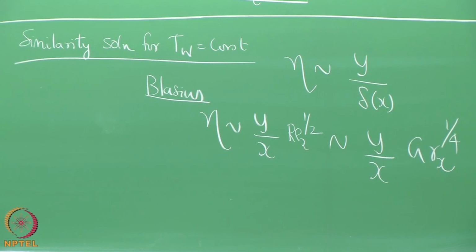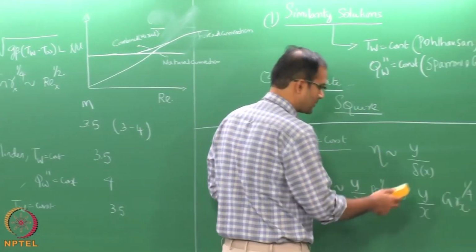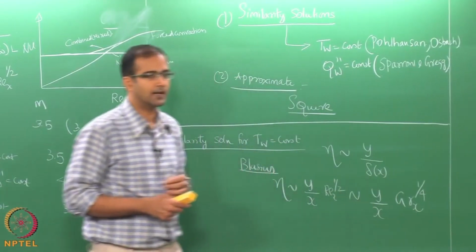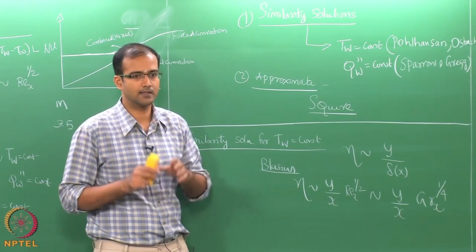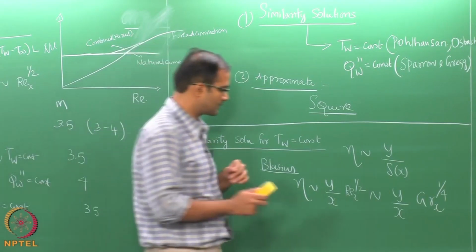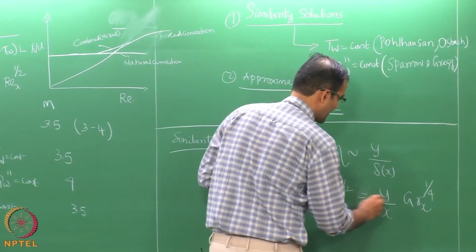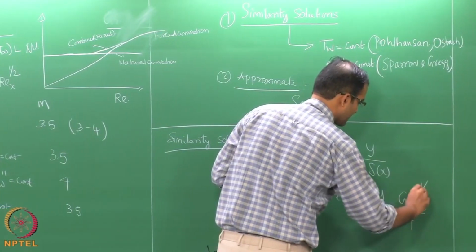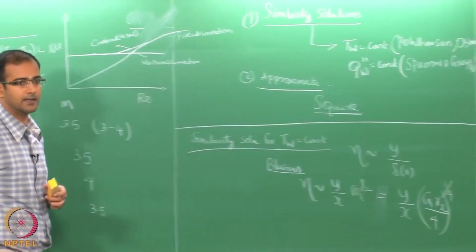So, this is of the order. What he did, you can also find a similarity equation and solve it. It will not change the solution, but nevertheless to be precise he used Grashof number by 4, the whole raised to the power 1 by 4, which is anyway a constant.